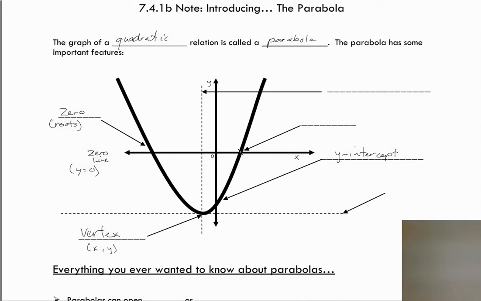So the tree's rooting itself in the zeros, or roots. Also called, aka, the x-intercept. So we have y-intercepts crossing the y. We have x-intercepts, usually 2 of them, sometimes 2 of them, called the zeros or the roots. So way too many names to remember, but it's all the same.